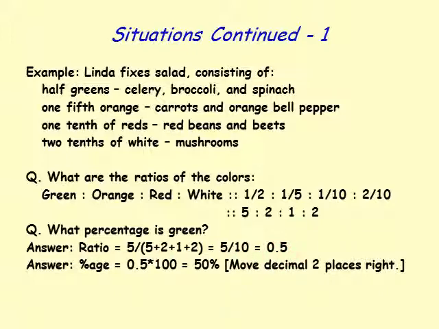That's the ratio, and we're looking for percentages. The percentage is 0.5 times 100, which is 50%. What we did is move the decimal place 2 places to the right. When you move 1 place to the right, it becomes 5, and when you move 2 places to the right, it becomes 50. So 50%.